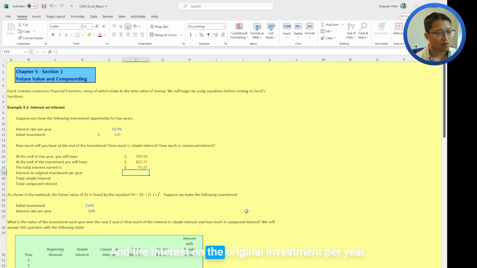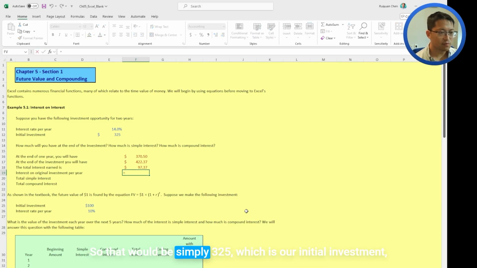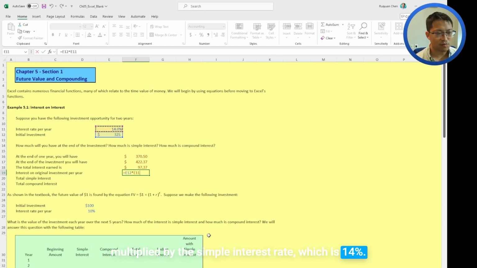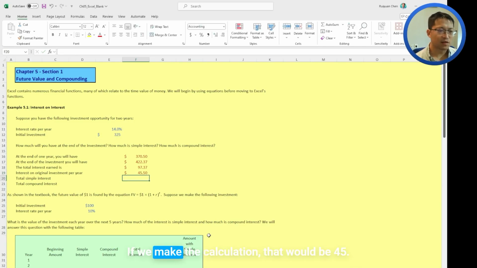And the interest on the original investment per year, right? That would be simply 325, which is our initial investment, multiplied by the simple interest rate, which is 14%. If we make the calculation, that would be $45.50. So the total simple interest, remember, we're making the investment for 2 years.